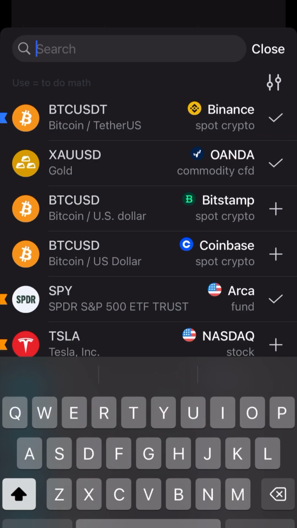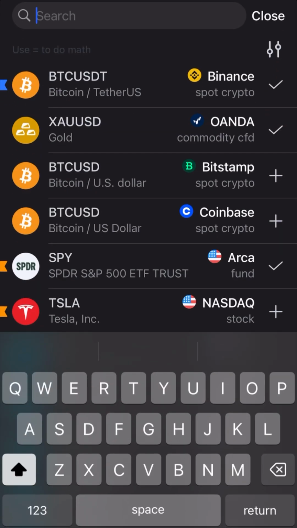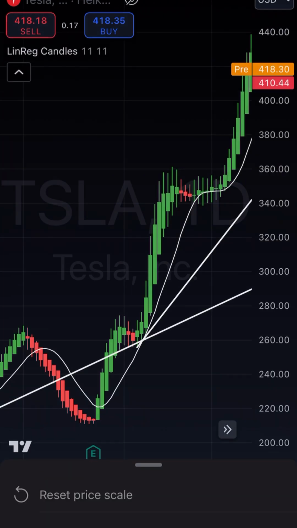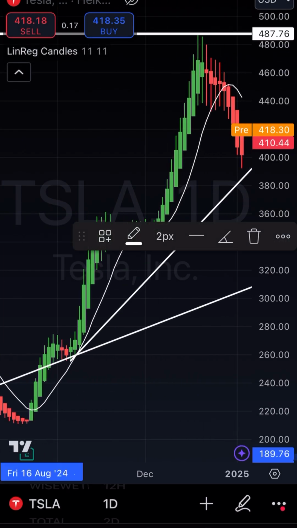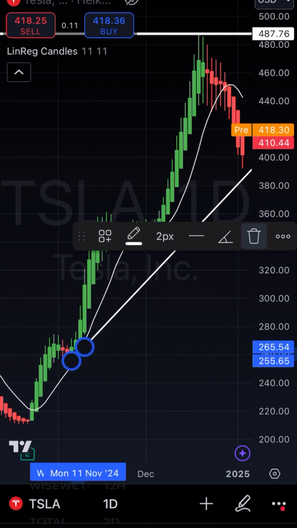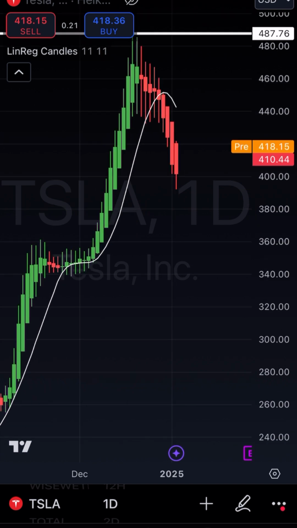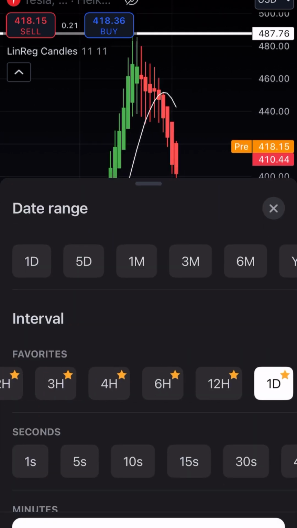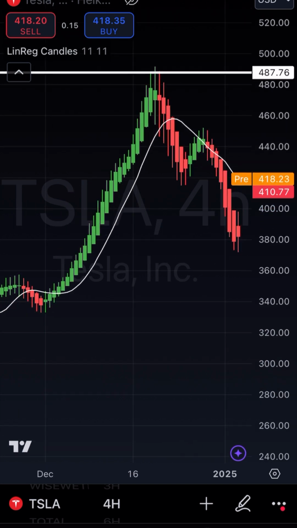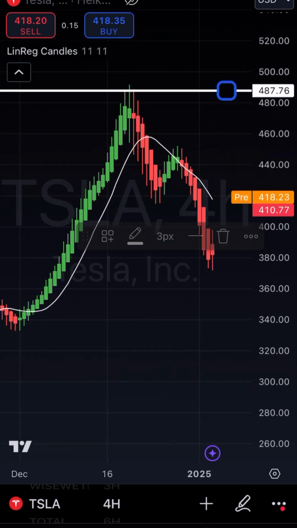Let's look at this with some other stocks. Let's look at Tesla. Get rid of these other ones. Let's look at this real quickly on a 4-hour. See, the best results will be with a higher time frame.